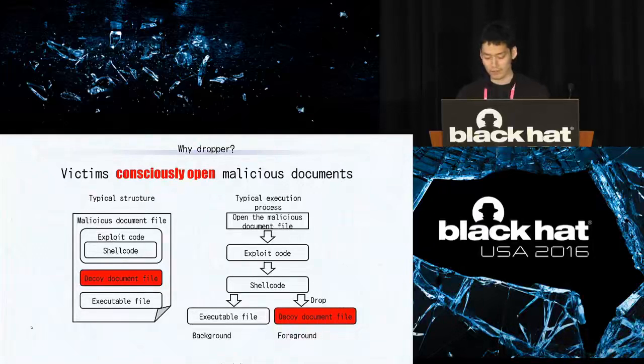In the case of targeted attacks, victims are tricked into opening malicious documents because the email have charming title and body. If the malware does not show any document, the victim notices that this email is suspicious, and the infection will get noticed in a short time.